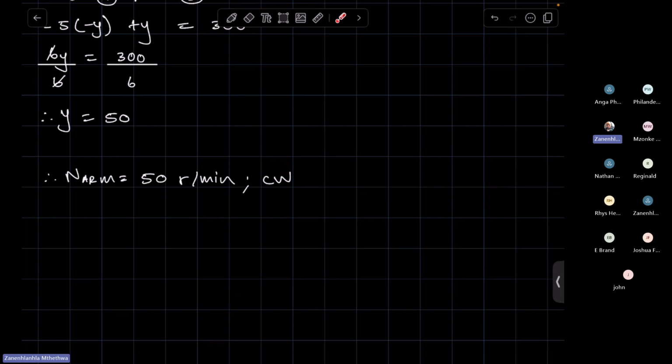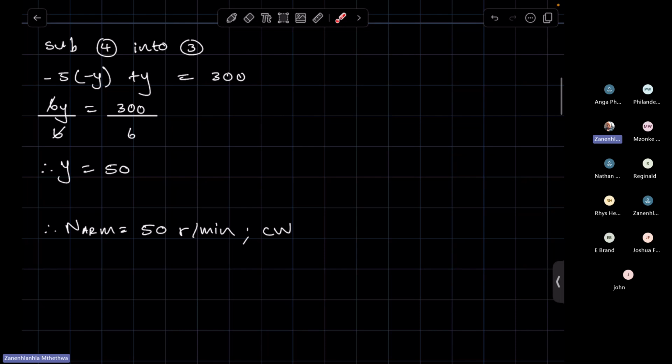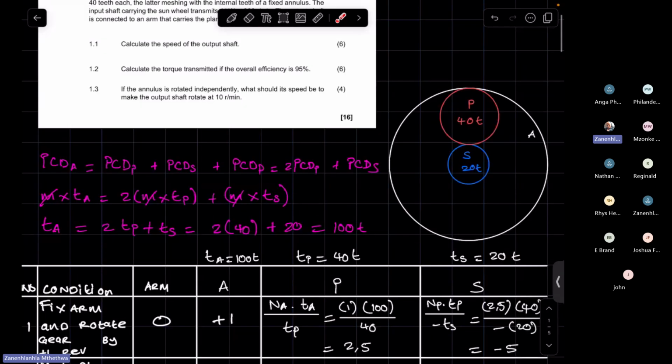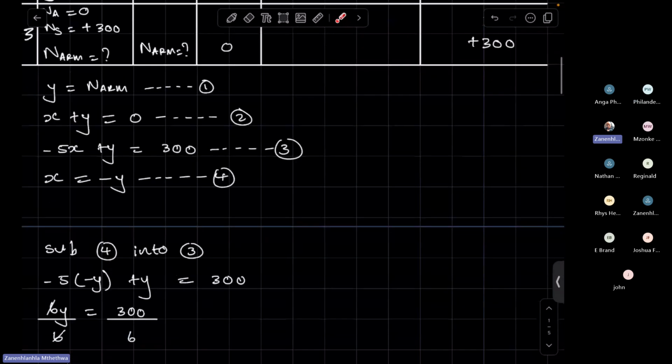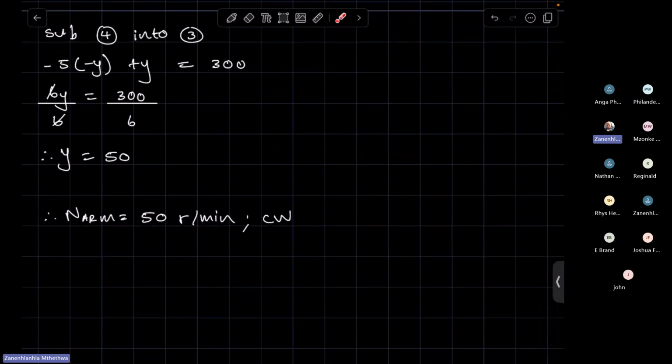CW stands for clockwise. Any questions? No questions. Wonderful.